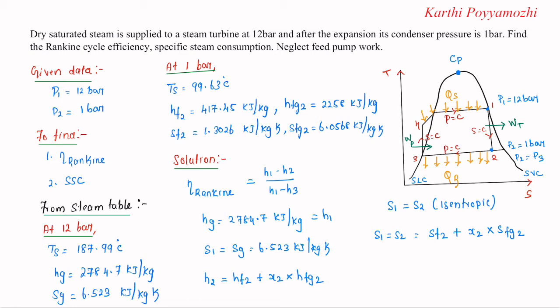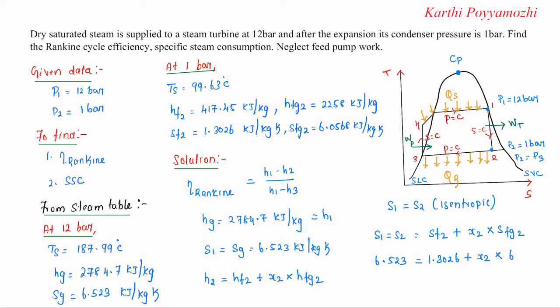Okay. Therefore, x2 can be calculated as S1 equal to 6.523, which is equal to Sf2, which is 1.3026, plus x2 into Sfg2, taken as 6.0568 kilojoule per kg Kelvin.